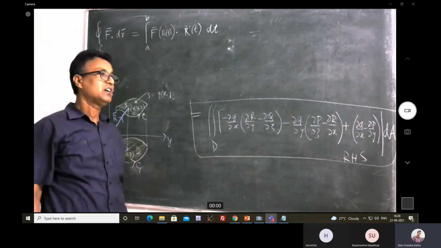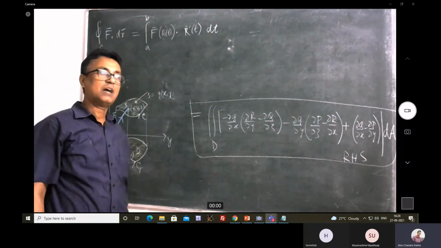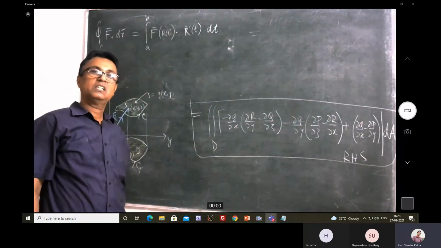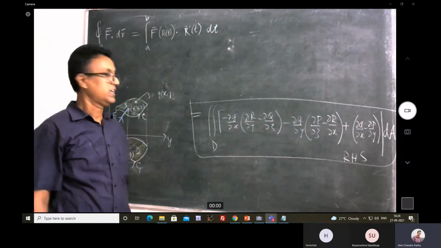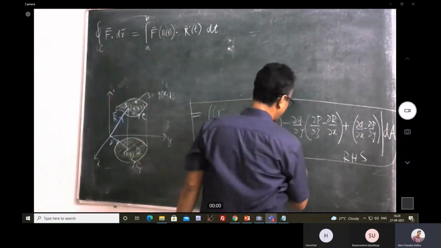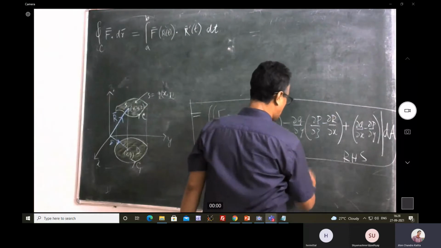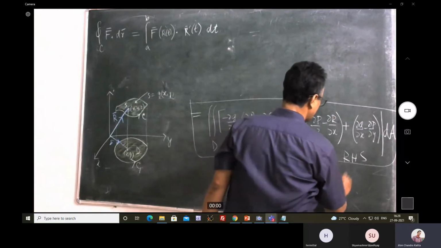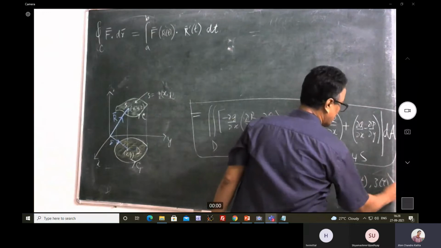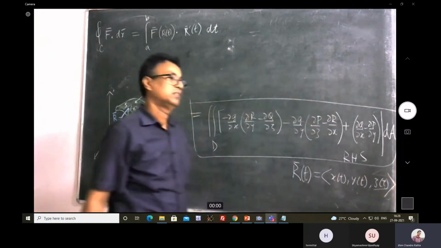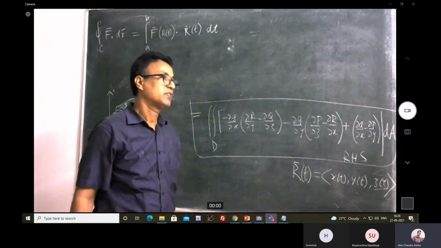I am using capital R because I want to make a distinction between the vector in the 2D plane and the vector in the 3D plane. So basically, this capital R(t) is simply x(t), y(t), g, where again g is a function of x and y.